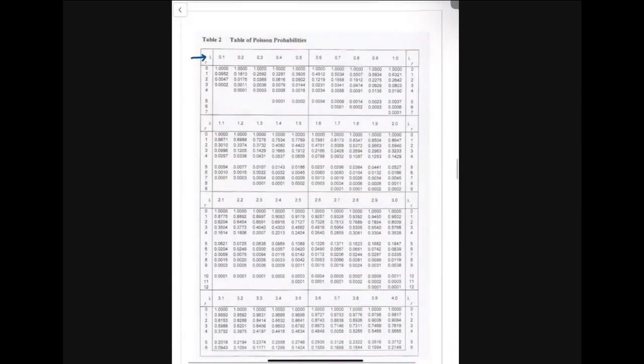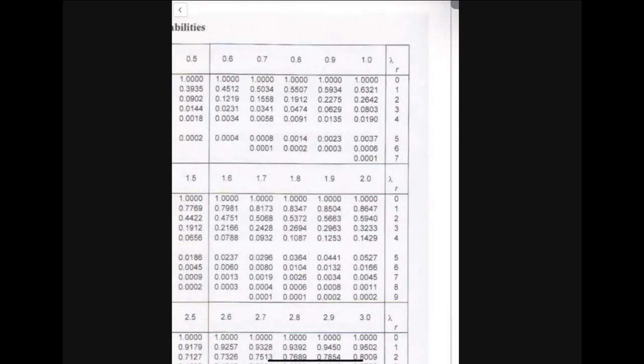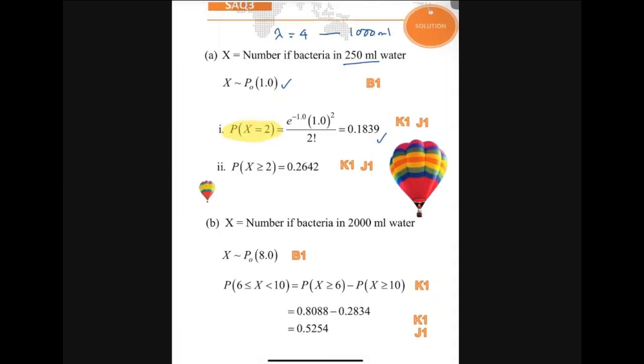Table number 2, and then referring to our lambda just now is 1. So from there straight away you can see if your lambda is 1, we have to find probability at least 2. Straight away we get 0.2642. Okay, so that's the final answer.